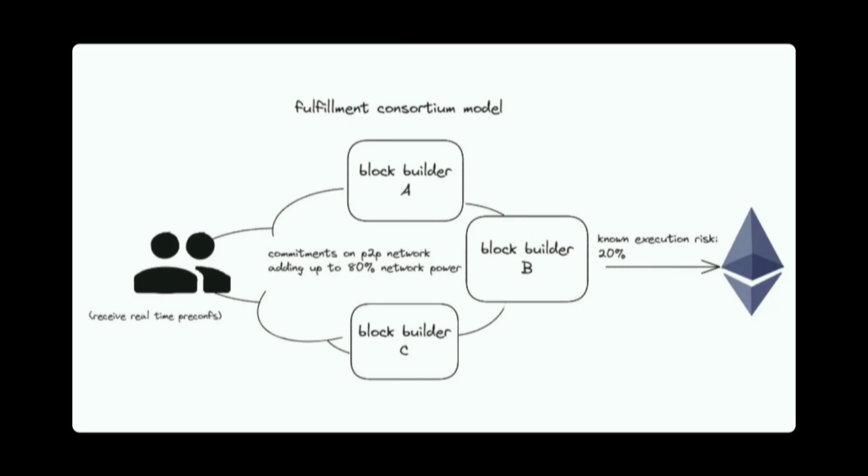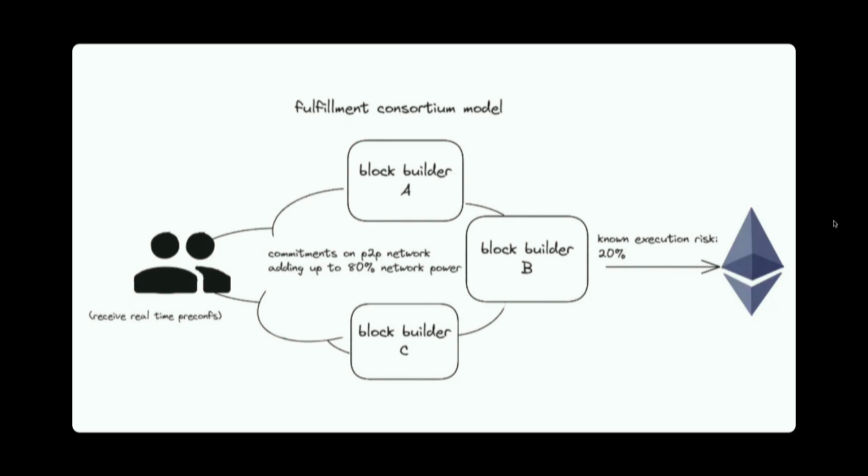Because if they represent, let's say, 20%, 30%, 50% of the network, you can add them up and get to a level that is satisfactory for you for pre-confirmations. And then you know your execution risk. In this example, it's 20%, and then you can plug that number into your risk algorithm and hedge your trades or whatever else you have.